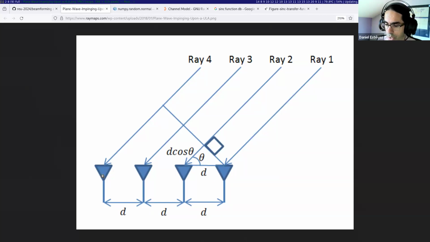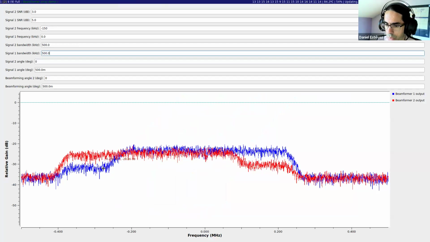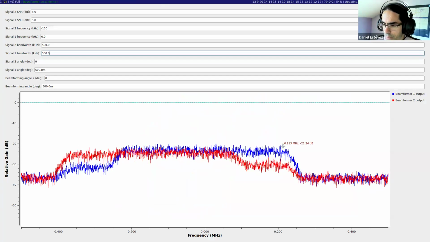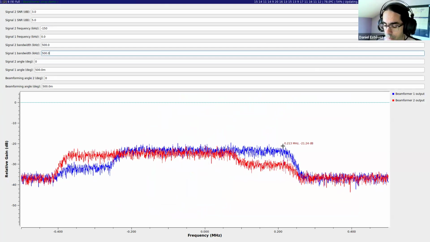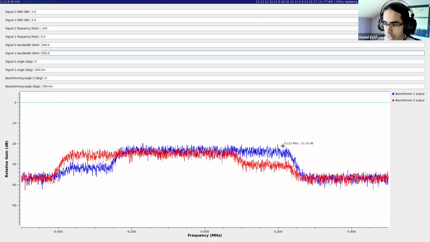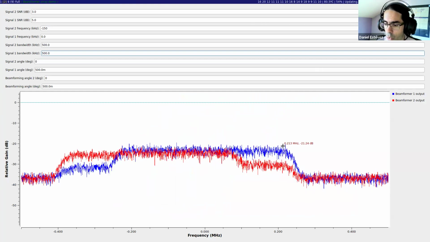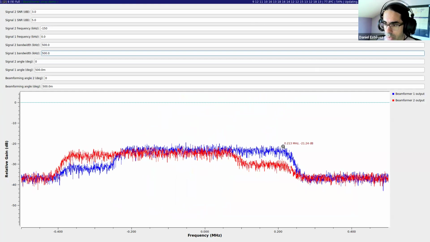So in this example, it will be 3D because we have 4 antennas and the maximum separation is between these, which are 3D apart. In my example, it would be 5D. And the farther apart you have the antennas, the narrower your synthetic beam will be.